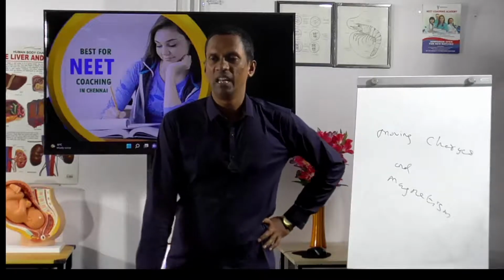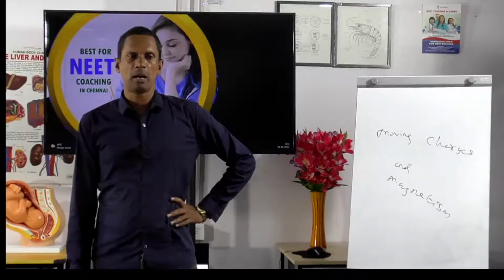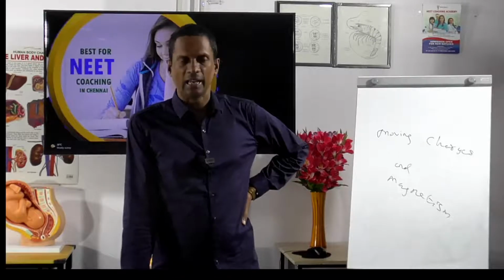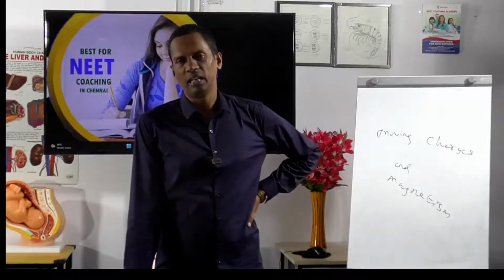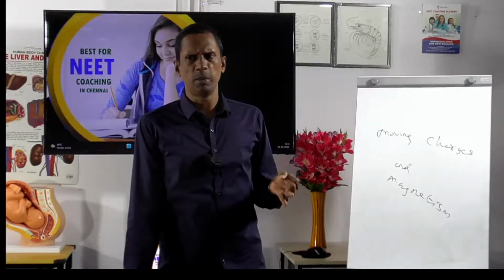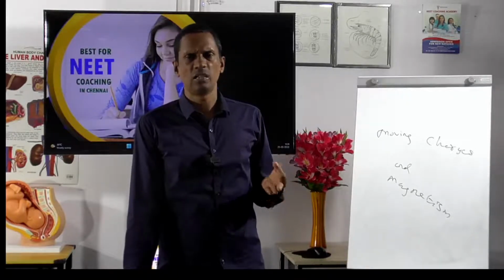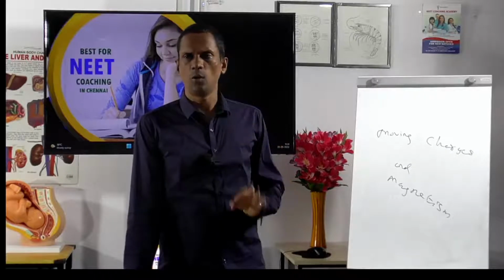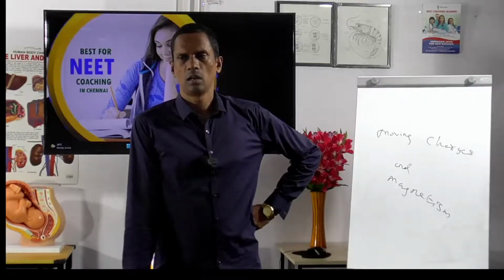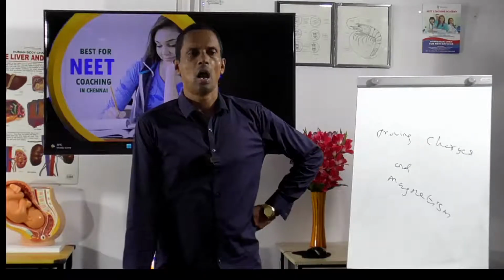Now V into B means velocity and magnetic field are perpendicular. So now what is the direction of E, V, B? First, what is E? Just now you told, no? Electric field. What is B? Magnetic field. What is V? Velocity. So what is the direction of V, B, E? E in the X direction, B in the Y direction, V in the Z direction.